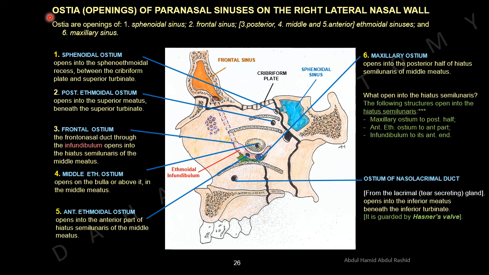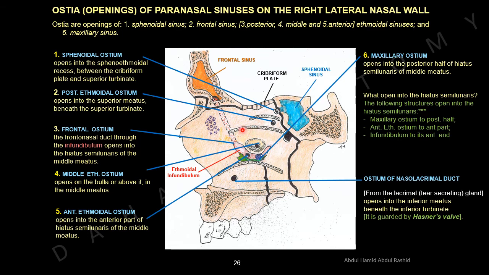Ostia, that is openings of paranasal sinuses on the right lateral nasal wall. Ostia, openings of sphenoidal sinus, frontal sinus, posterior, middle, and anterior ethmoidal sinuses, and maxillary sinus. Before we talk about the ostia, shall we see the structures on the lateral wall of the nasal cavity? This is cribriform plate. This is superior turbinate.